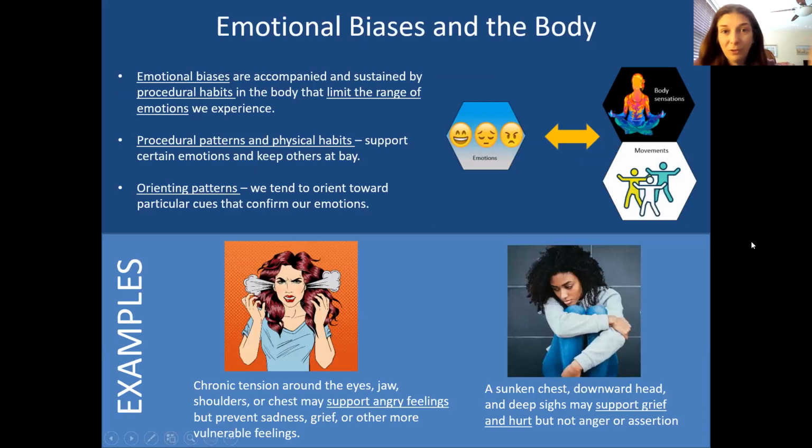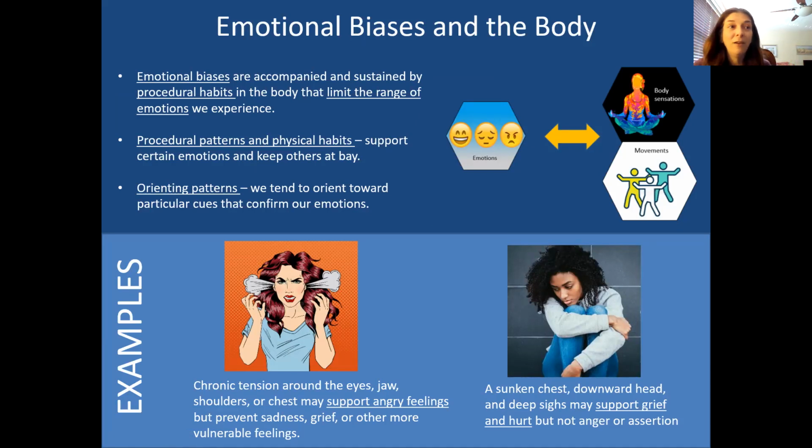Okay, so emotional biases in the body. When certain emotions are reinforced and other emotions are not, you develop a bias towards some emotions. They become your favorite emotions, and you tend to experience the acceptable ones more and the unacceptable ones less. Our body reinforces that as well. Procedural patterns and physical habits support certain emotions and keep others at bay.